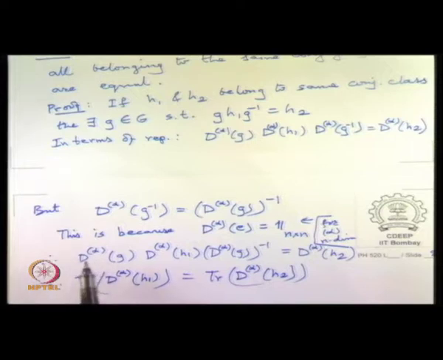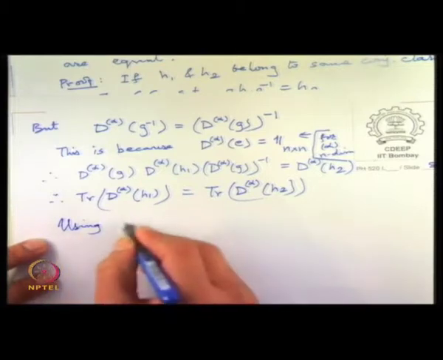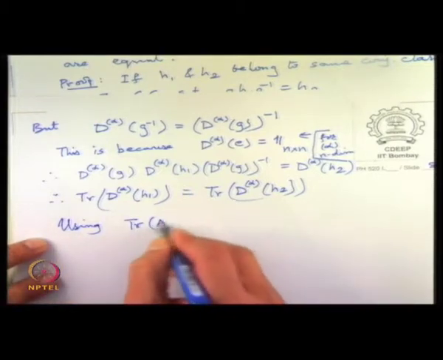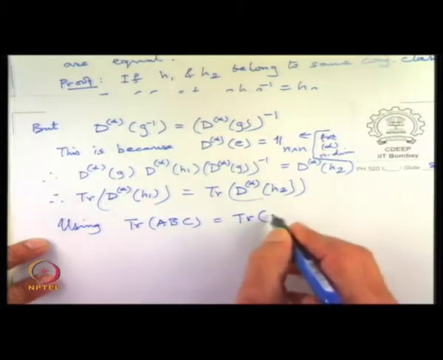D alpha inverse D alpha will be equal to the identity matrix, right, using trace ABC equal to trace of CAB.